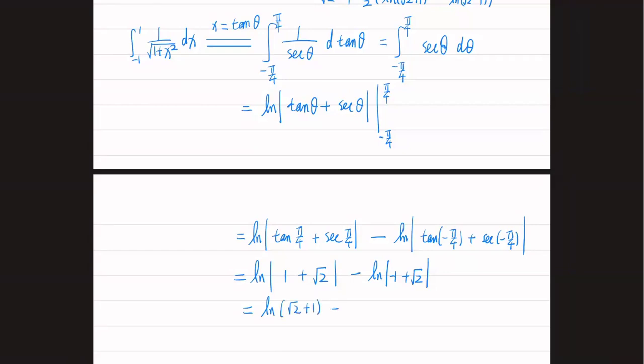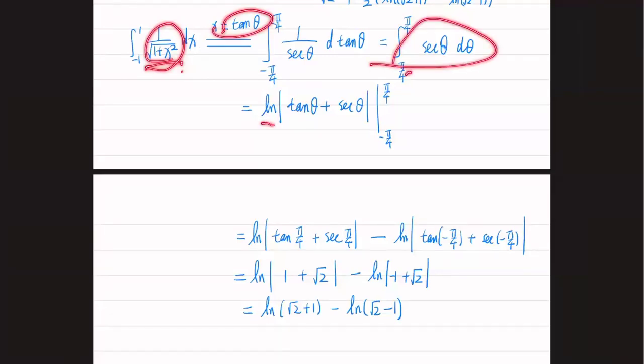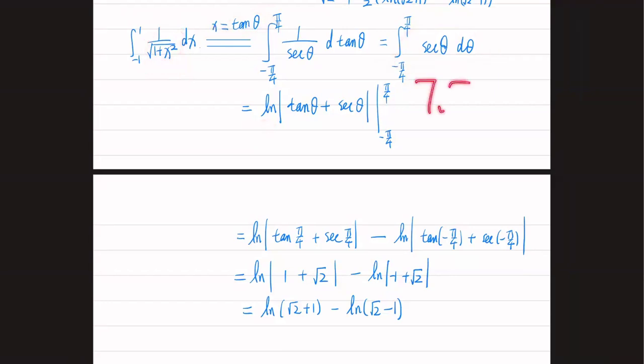I changed the order to make it more symmetric. Okay, another definite integral using the trig substitution. After substitution, we get a trig integral, and using what we have learned before, we know what the result is.